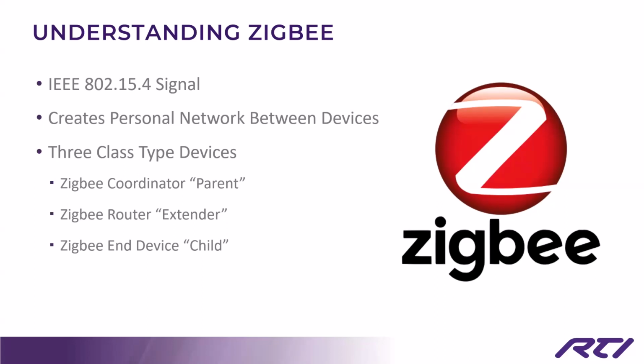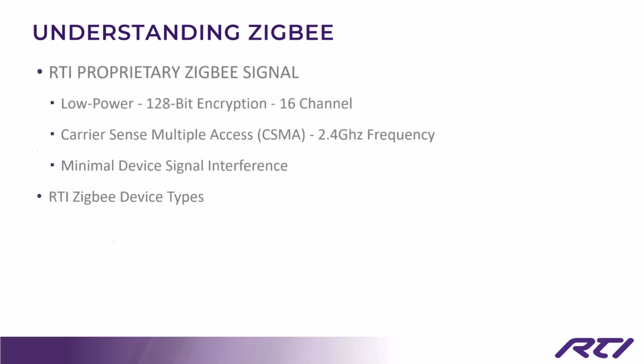Because it's IEEE, we can send signals and receive them up to a certain amount of data transfer capability. There are three classes of Zigbee devices available: the Zigbee coordinators, otherwise called parents, the Zigbee routers or extenders, and the Zigbee end devices, or the children.